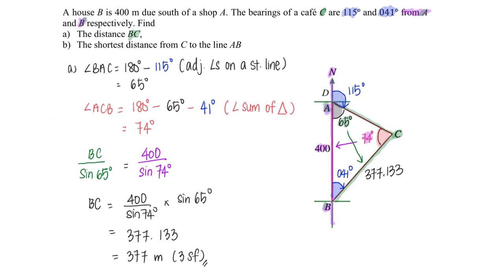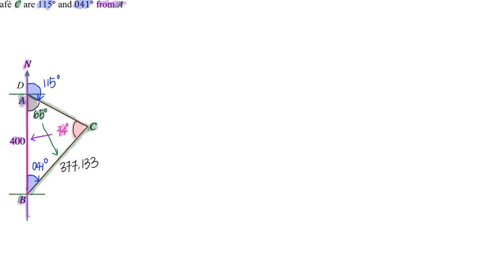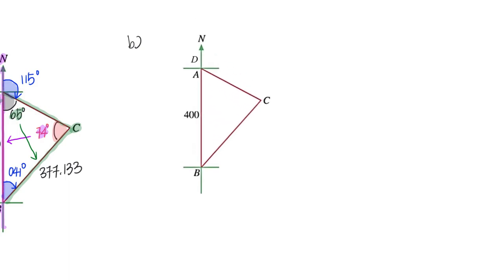Part B. Find the shortest distance of C to the line AB. For this particular question, I would have to tap on this diagram. I'm going to do it here, and at this point I would just want to paste the diagram again. Now, what exactly is the shortest distance?